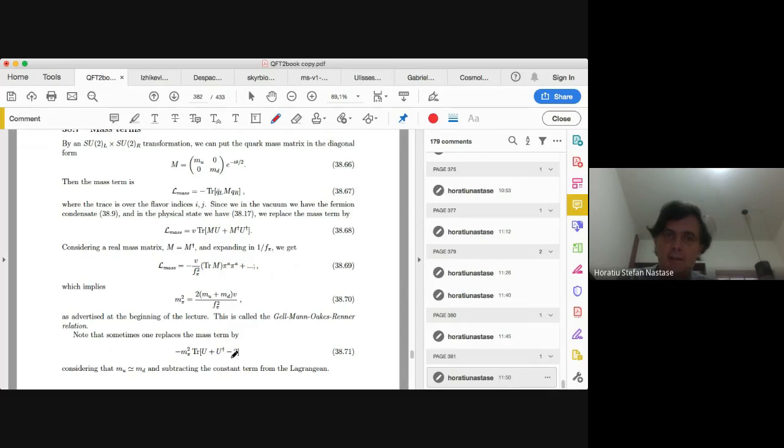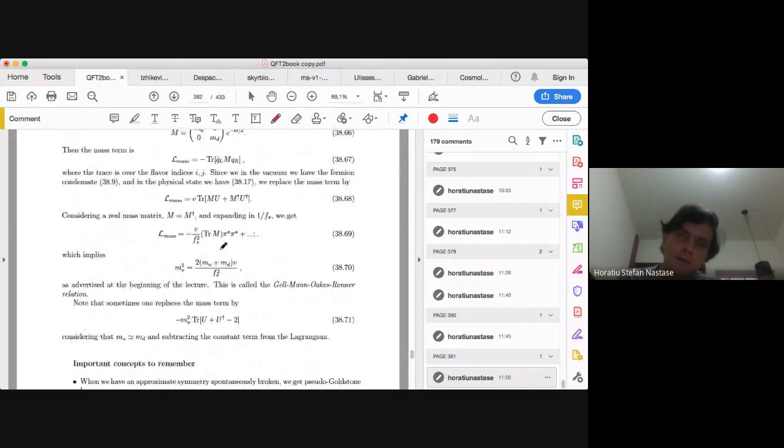So sometimes it's useful to just substitute the constant, and also sometimes it's useful to forget about M and just write, instead of the trace of M U, trace M times trace U. Sorry, take trace M out, and then you're left with trace U plus U dagger, and then substitute the constant piece.